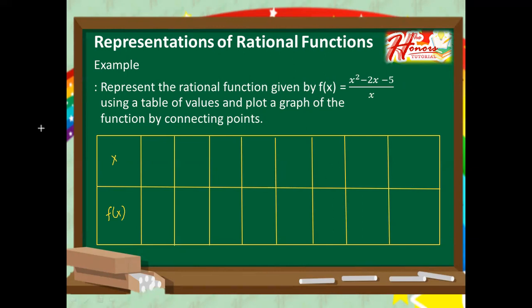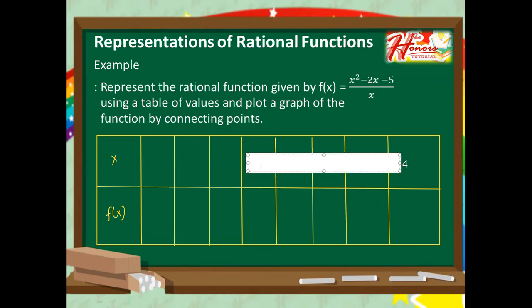Again, we are going to avoid 0. So therefore, we will be having positive 1 here, positive 2, positive 3, and positive 4.